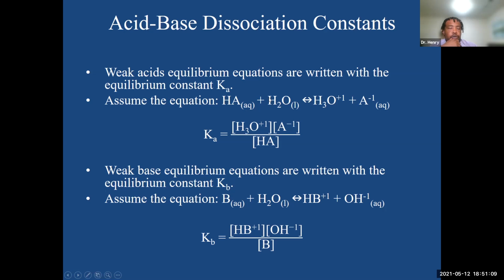We don't take water into consideration because water is a liquid, and so we don't take that into consideration when we calculate our equilibrium constants. Now, for a weak base equilibrium, we're going to be using Kb. Kb works the same way. If we look at it in terms of equilibrium constants, it's going to be our products over our reactant.